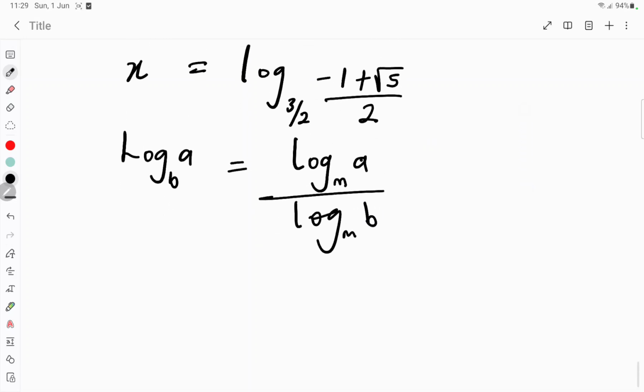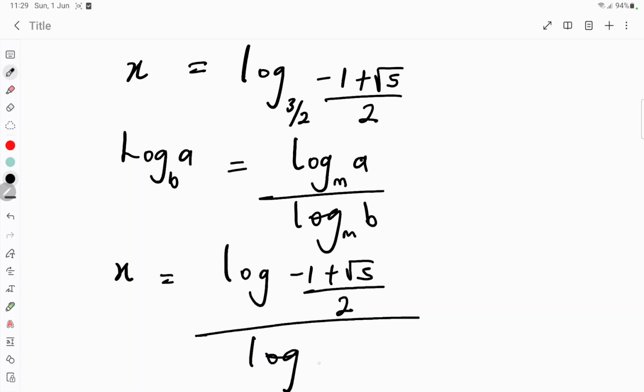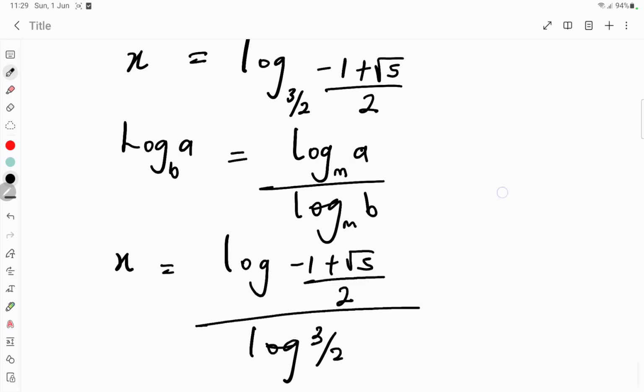So if you apply it here, x will now be equal to log of minus 1 plus root 5 over 2 divided by log 3 over 2.